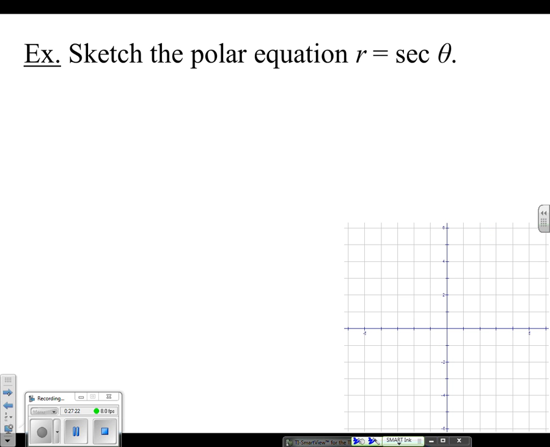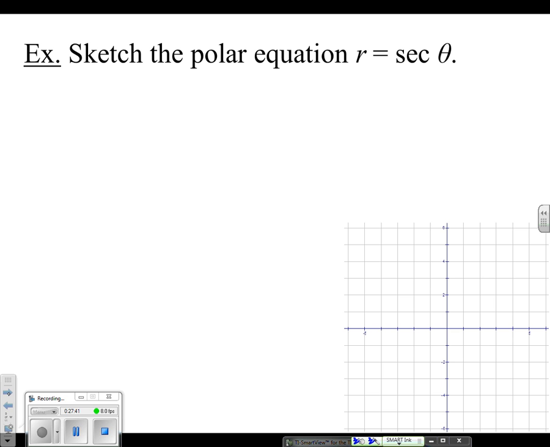Sketch the polar equation r equals secant theta. Okay, well, this one's a little bit trickier unless you try something different. Because we are allowed, if we want to, we are allowed to find the rectangular equation. And if we do, maybe that one's easier to graph.